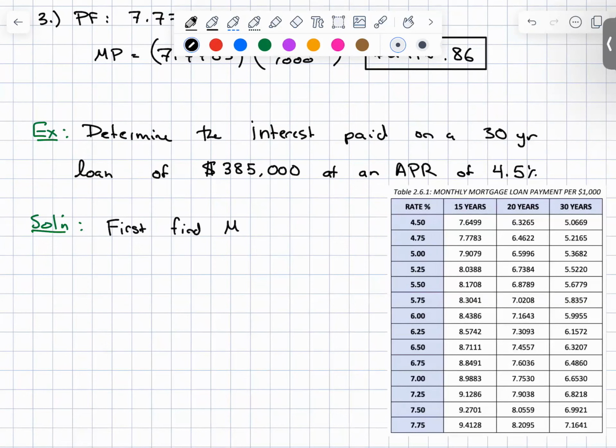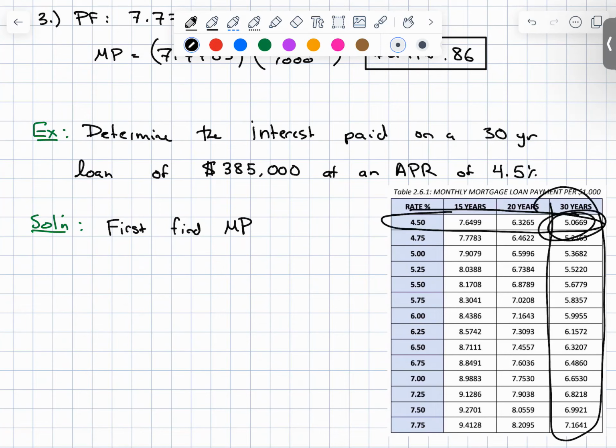So first find MP, the monthly payment. For this one, it's an APR of 4.5% and it's a 30-year loan. 5.0669. So your MP will be 5.0669 times 385,000 divided by 1,000.